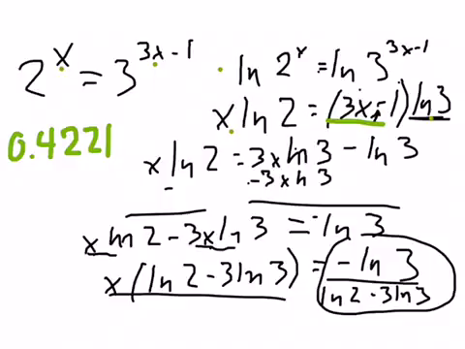And then we moved our x terms to the same side by subtracting on both sides of the equation. And then finally we factored out the x so that we could divide off everything that wasn't the x. We typed in negative natural log of 3, divided by natural log 2 minus 3 natural log 3. Now it is important to keep in mind, everything in that denominator needs to be in parentheses. The calculator doesn't recognize when you have a fraction and when you don't, so make sure you keep everything in parentheses.